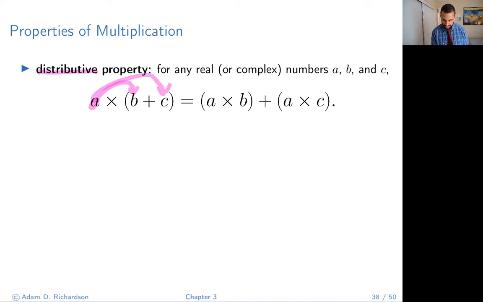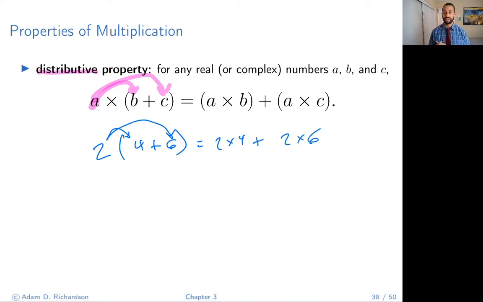So if I try to do something like 2 times 4 plus 6, I can just distribute that 2 to the 4, and then I can distribute that 2 to the 6. And then I'll get the same result. So in this case, it would be 2 times 4 plus 2 times 6, like that. Just like that. And that's the distributive property.